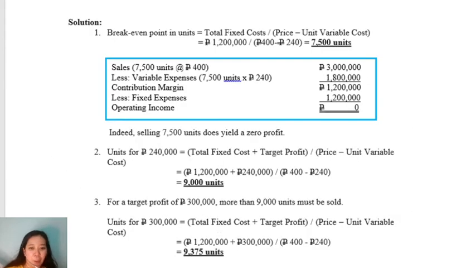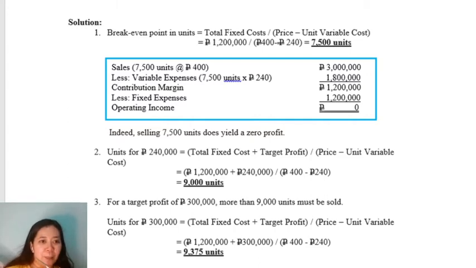Okay, so for the solution. For the first requirement, what is the break-even point in units? Again, using the formula that we have presented earlier, break-even point is equal to total fixed cost divided by price minus variable cost, or CM per unit.